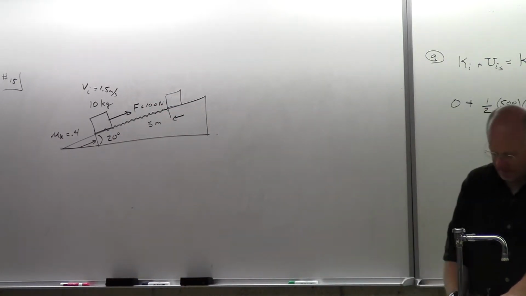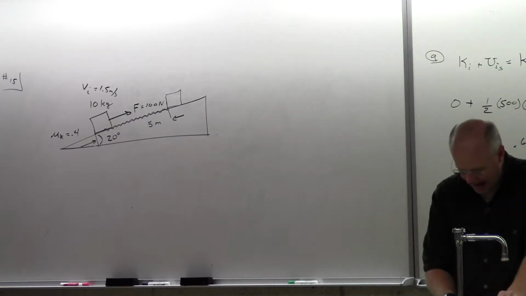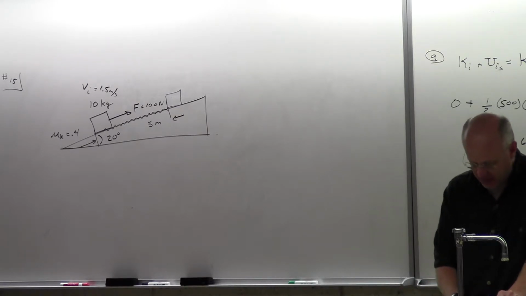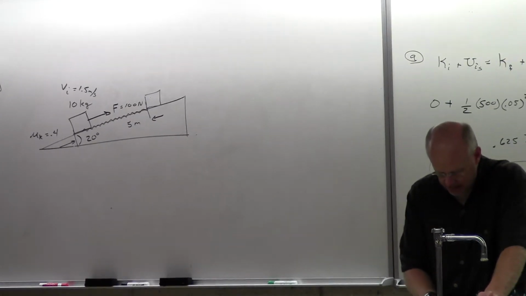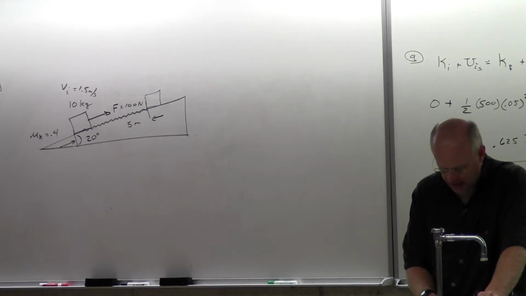So we pull it up 5 meters, then A, how much work is done by the gravitational force on the crate? B, determine the increase of internal energy of the crate-incline system due to friction. C, how much work is done by the 100 newton force? D, what is the change in kinetic energy of the crate?